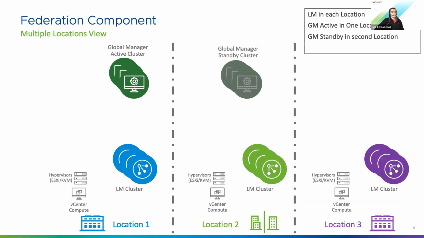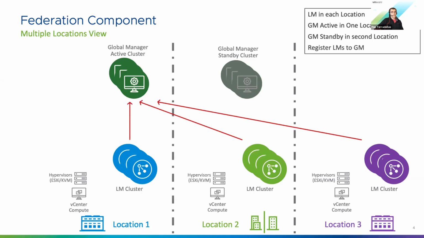At the same time, you have the ability to protect this cluster with a standby Global Manager cluster, for example, deployed here in location 2. And finally, we register local managers against the Global Manager. At that point, we can see that our NSX Federation is up and running.